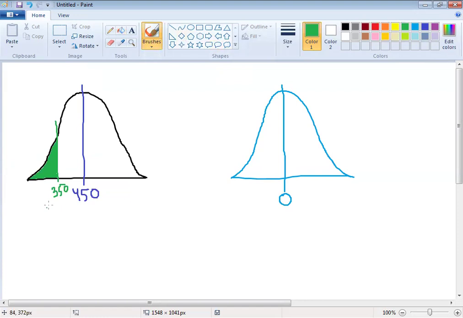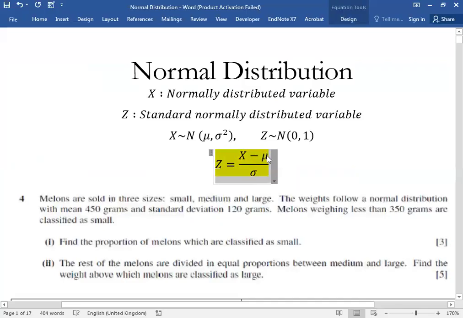We say, when this is 350, what is the value of Z at that point? Right, we compare. How do we compare? We have this formula. Z is equal to x minus mu over sigma. We need to find the value of Z. What is the value of x? No, that is the mean.